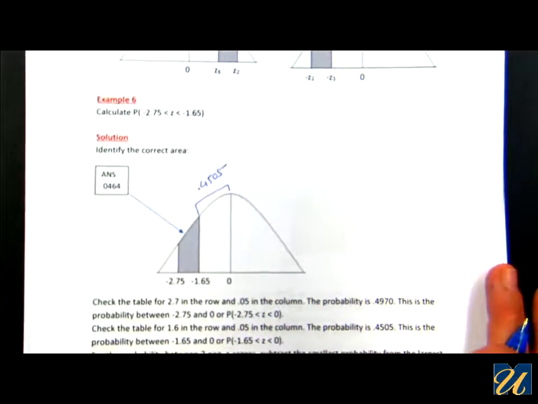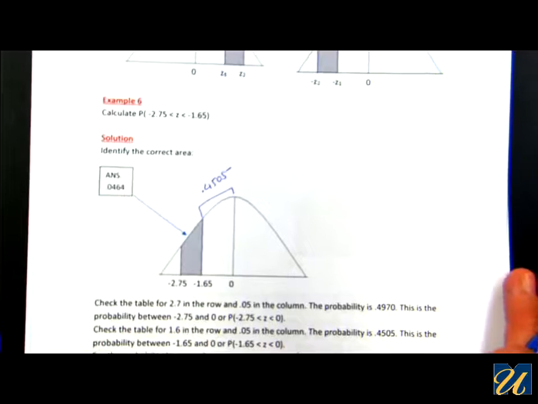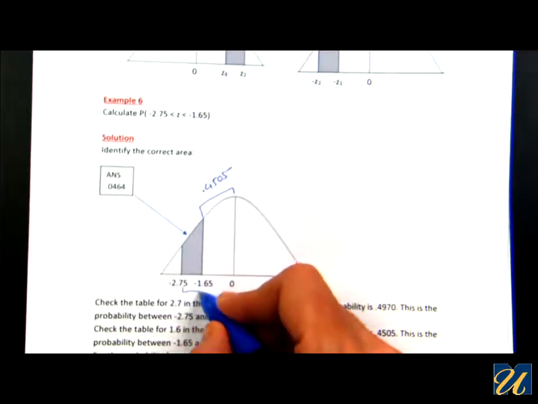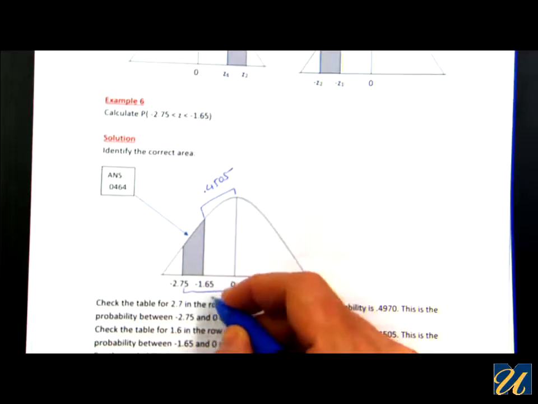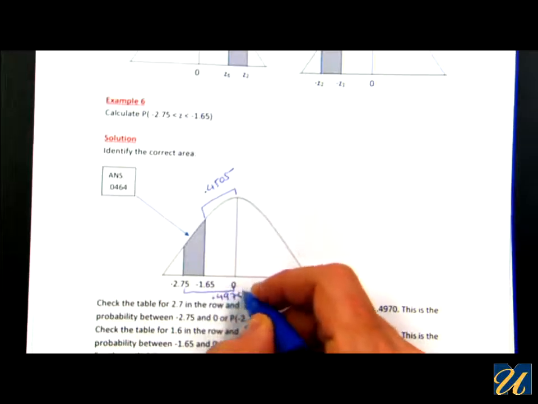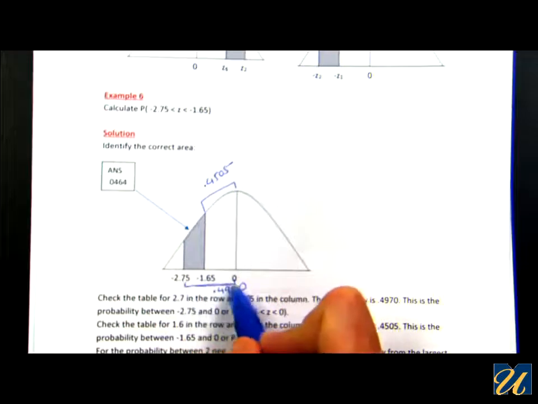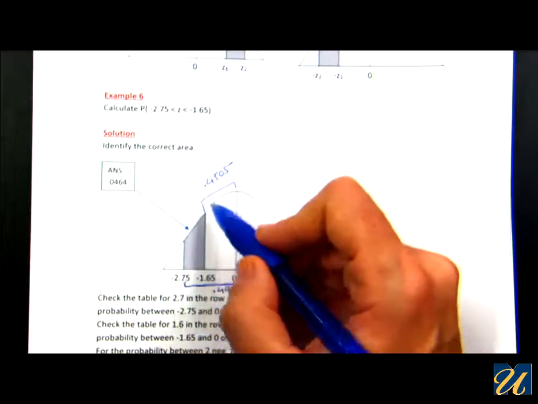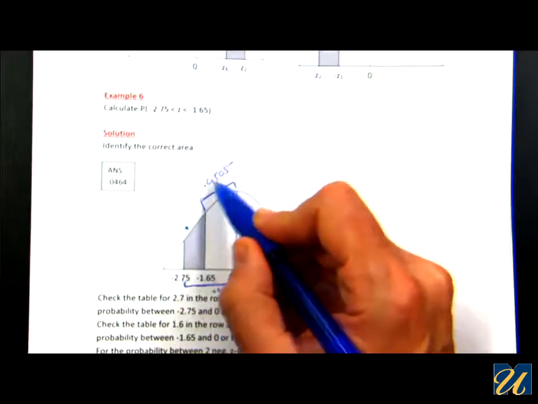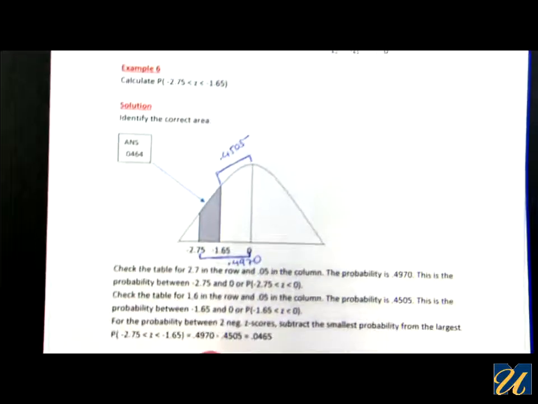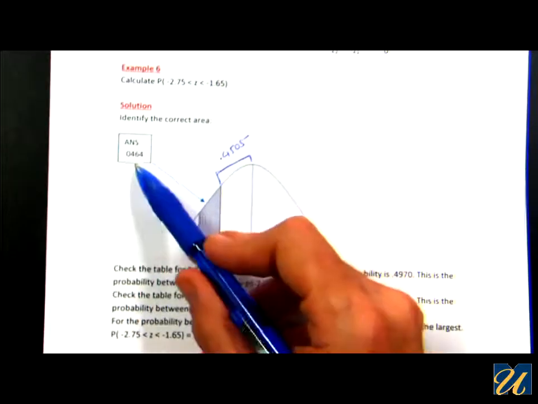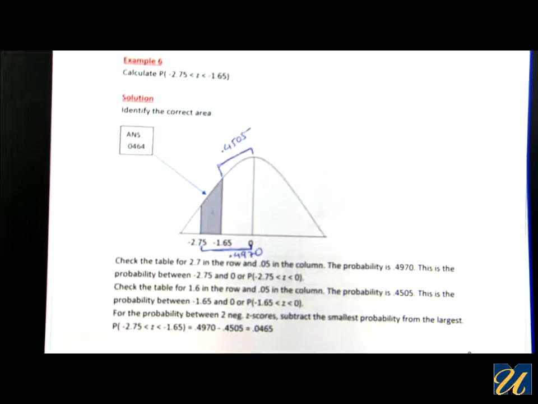And then if you check your table for 2.75, this area here will be 0.4970. So all I need to do is take this area and subtract from this area this part, which is 0.4505. So the probability that I'm looking for will be 0.0465.